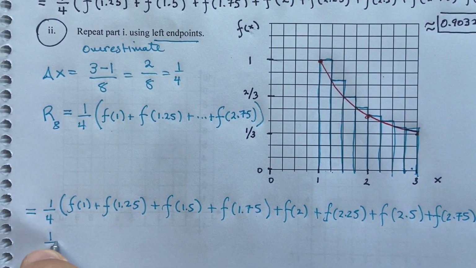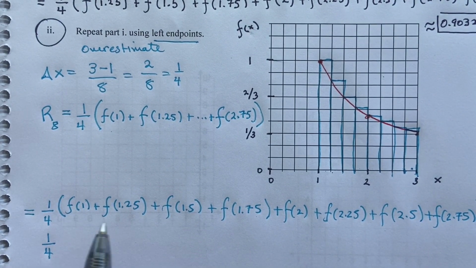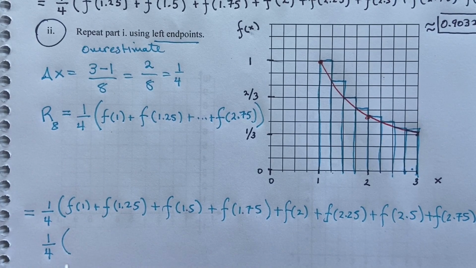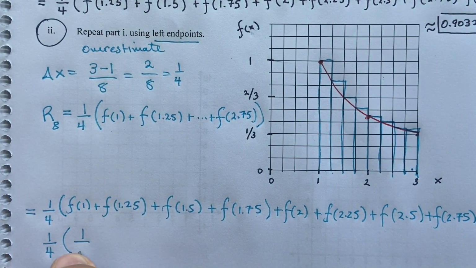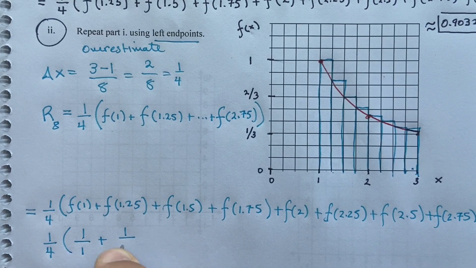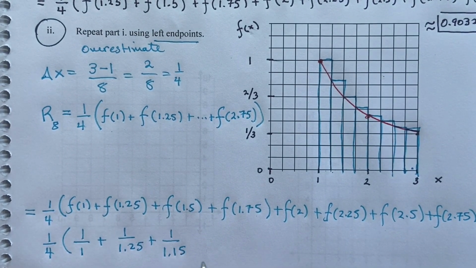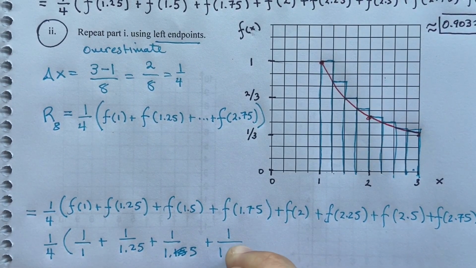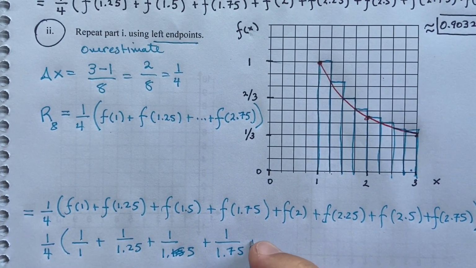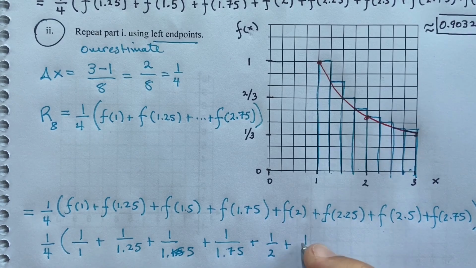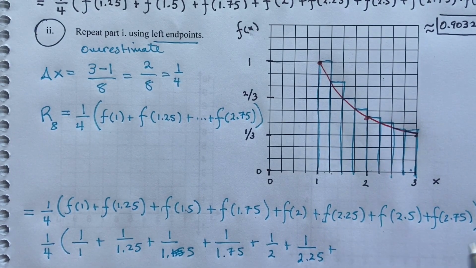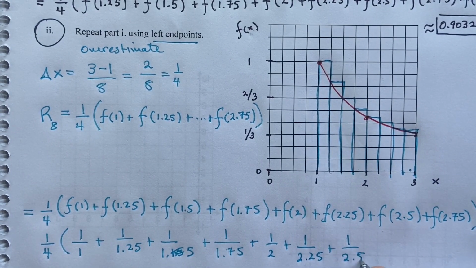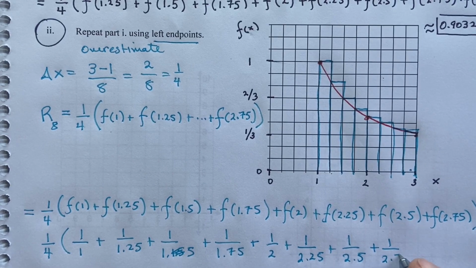So in other words, I would have to plug all these numbers into the function, which is 1 over x. So I'd have 1 over 1 plus 1 over 1.25 plus 1 over 1.5, sorry, just 1.5, plus 1 over 1.75, plus 1/2, plus 1 over 2.25, plus 1 over 2.5, plus 1 over 2.75.